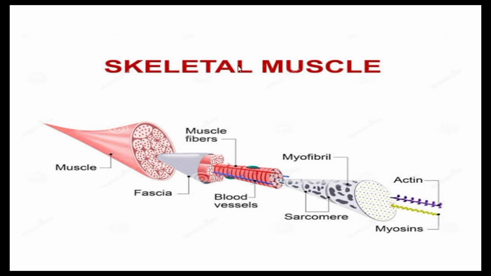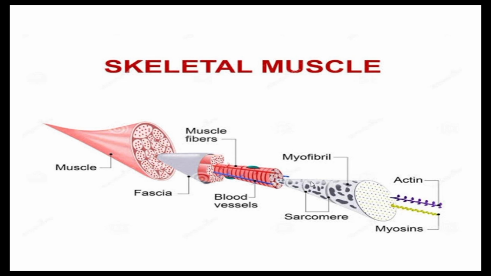Okay, so this is the diagram that shows the structure of skeletal muscle. The skeletal muscle is made up of thousands of muscle fibers that are surrounded by the connective tissue sheath or fascia. And each muscle fiber is itself made up of myofibrils.